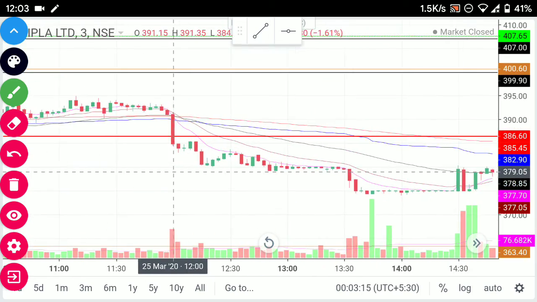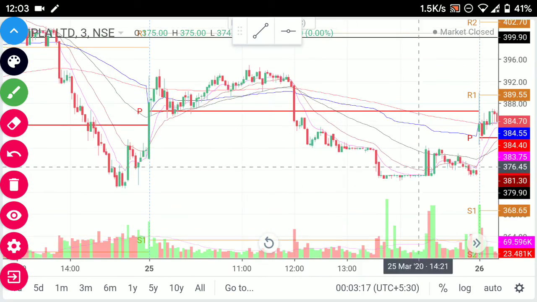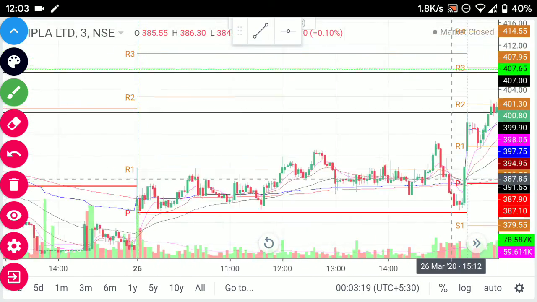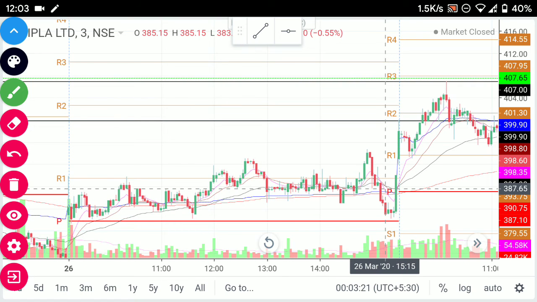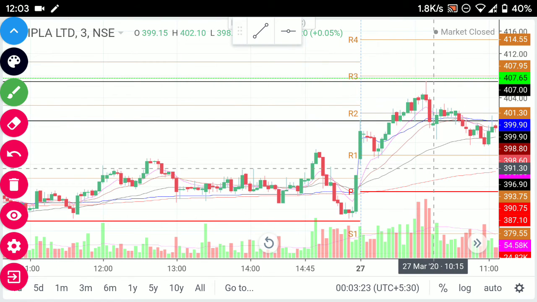As the days progressed, the market fluctuated, and after many days the price hit back to those levels which you already marked. So it's time to trade those levels and make some handsome profit.